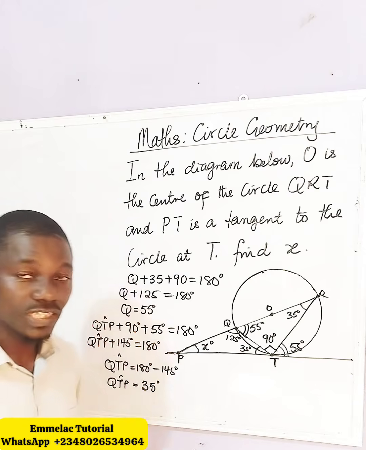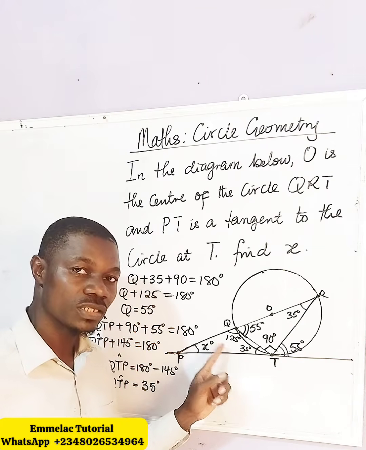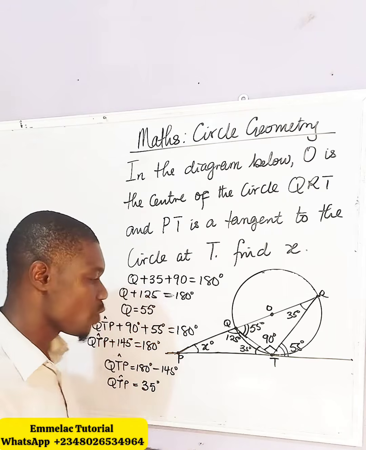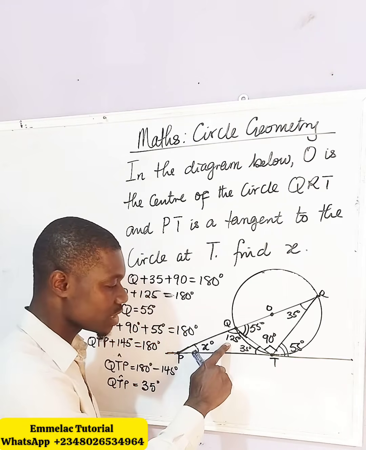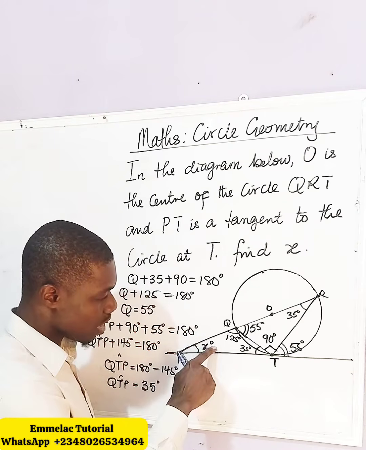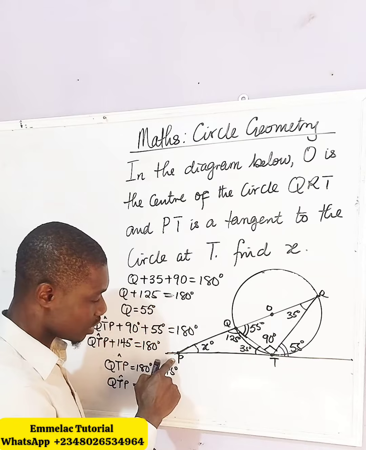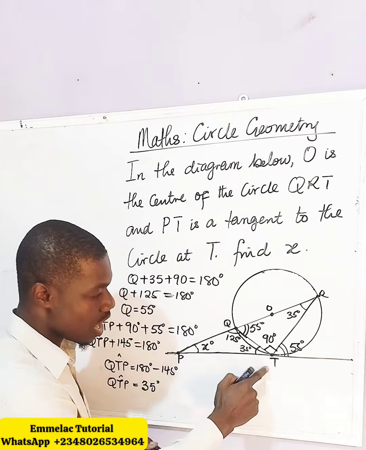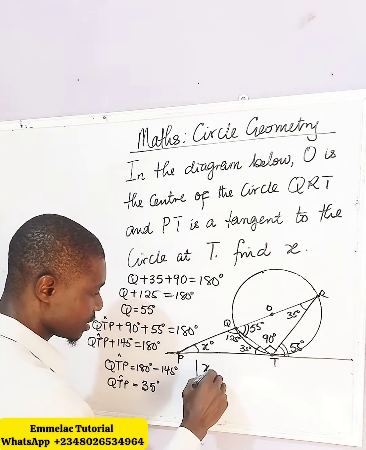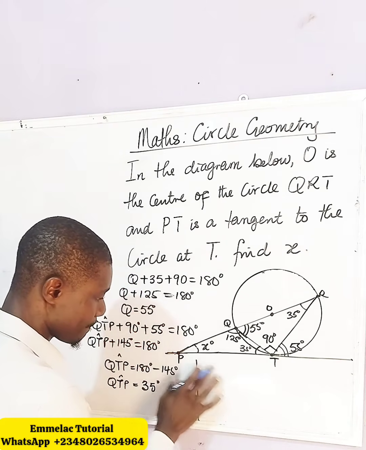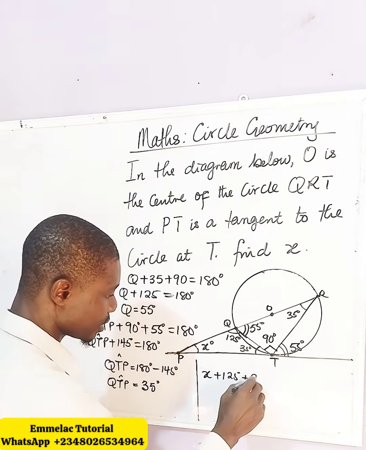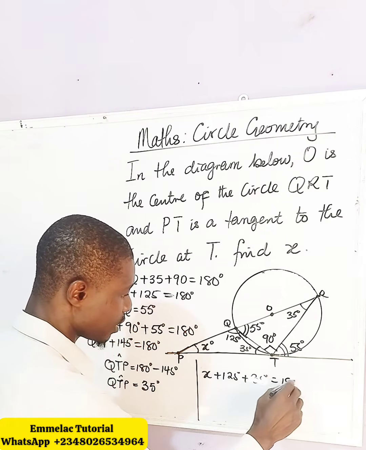So at this point we've gotten two known angles and remaining x. We can say x plus 125 plus 35 should give us 180, because the sum of angles in a triangle, look at this triangle here, PQR, is 180.